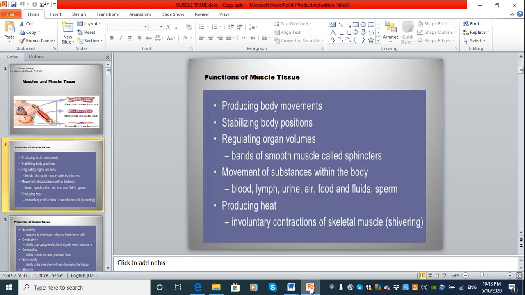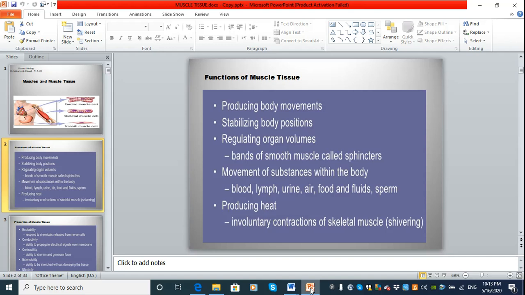Now we have another slide about the functions of muscle tissue. I put all the functions in one slide: producing body movements, stabilizing body positions, and regulating organ volumes.